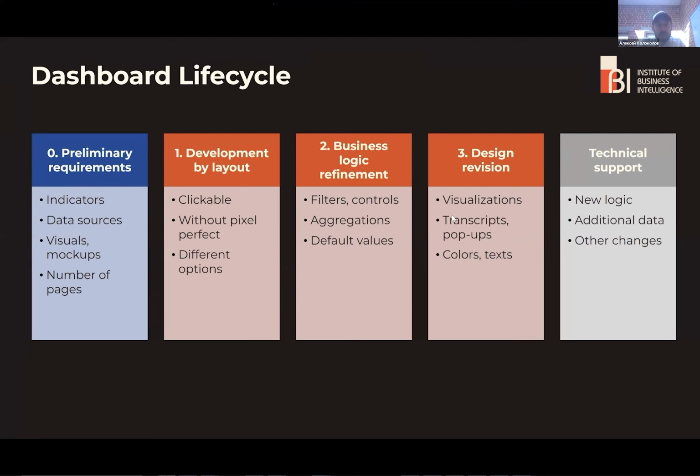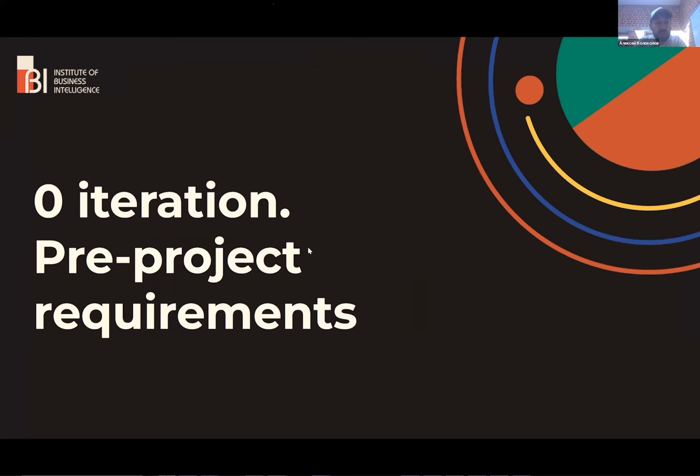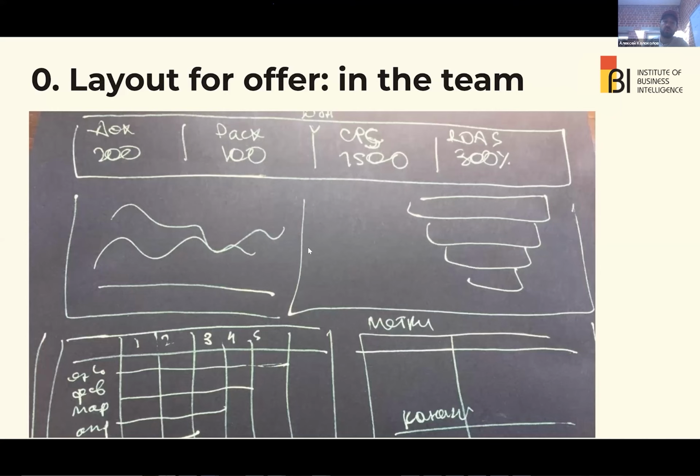So what I mean, in the first iteration, I start with such sketches, and this is an example of a brief sketch drawn in 15 minutes. But when I come to my customer, I redesign this sketch.